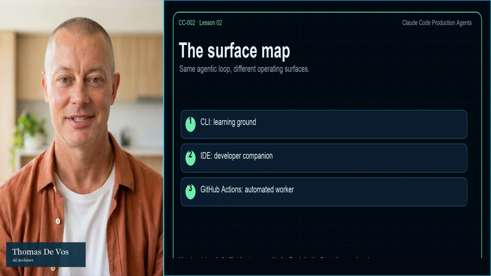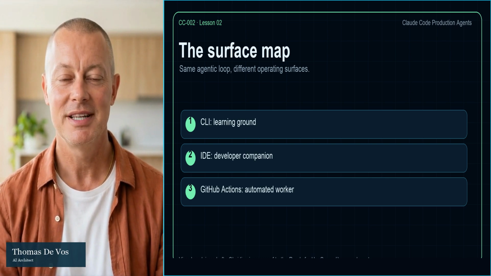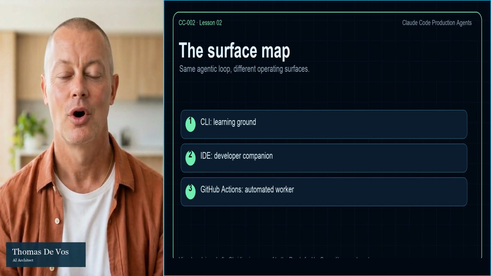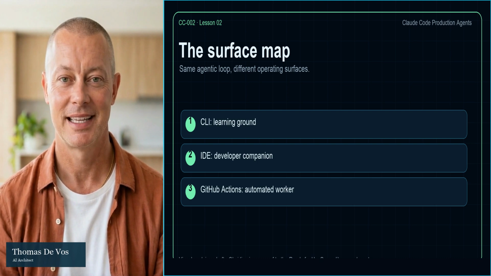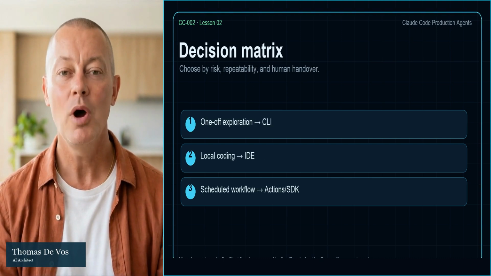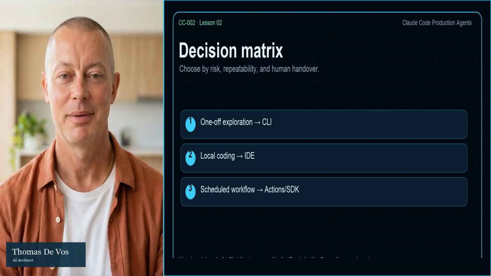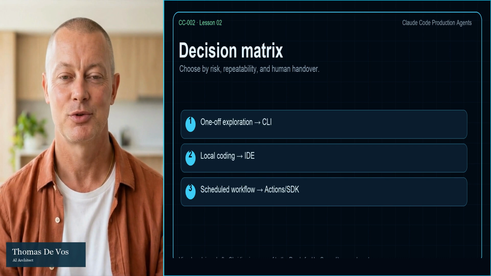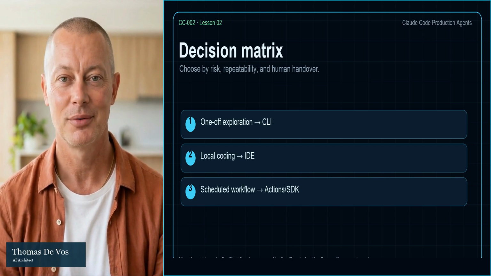The practical question is not, where is the coolest demo? The practical question is, which surface gives this workflow the right control, audit trail, repeatability, and handover? If you remember one sentence from this lesson, remember this: learn in the CLI, productionize through the surface that gives you control, audit, and repeatability.